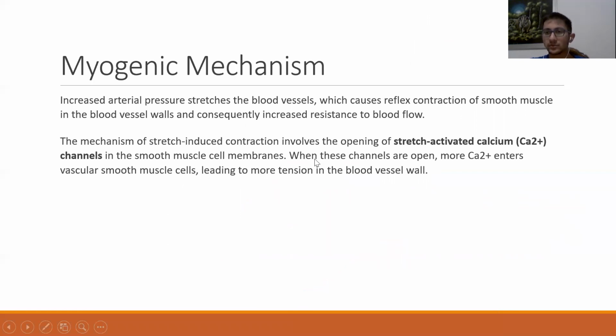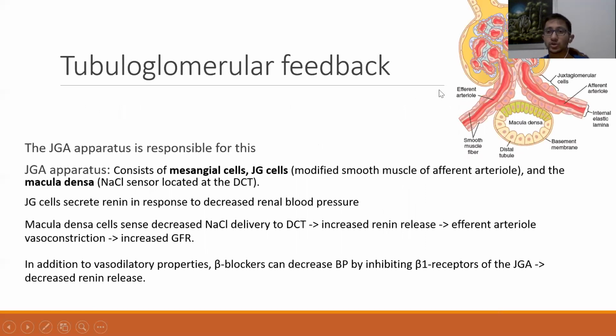It's instantaneous and pretty efficient. But you need to have a hormonal response as well. And that's where the tubuloglomerular feedback comes in. You have the juxtaglomerular apparatus that is responsible for it over here.